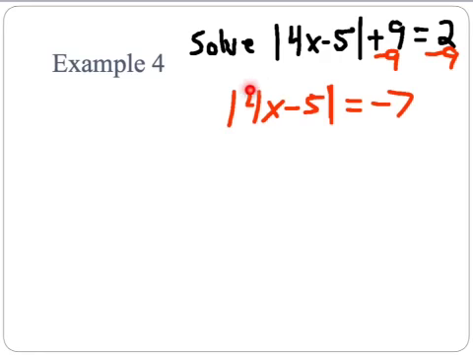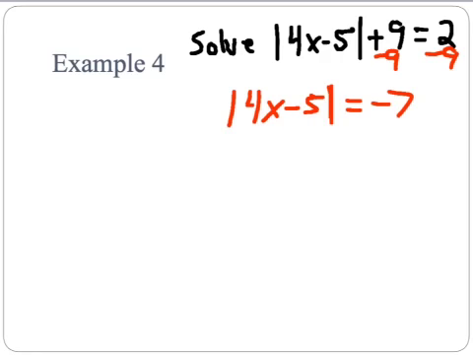It doesn't matter what's in here. Once we take the absolute value of it, it's going to be positive, so it can't equal a negative number. Now, don't get that confused with the fact that whatever's inside here can be negative. There can be a negative number inside of here. If you think of your piecewise functions, that's what a piecewise function is saying: what's inside of here can be negative, but once we bring it out, it can't, and that's why we multiply by that negative.